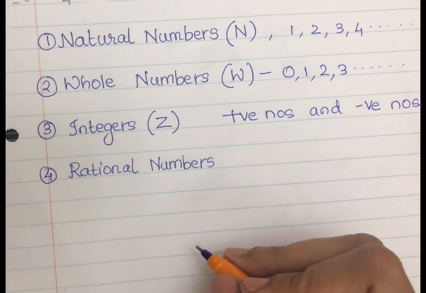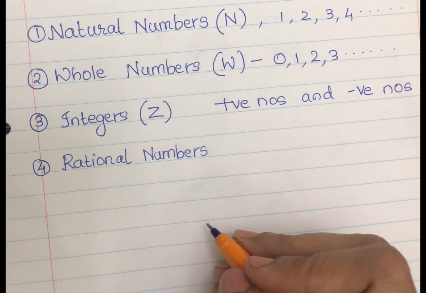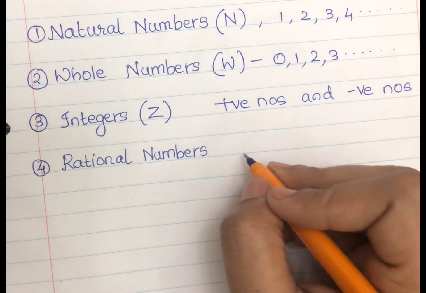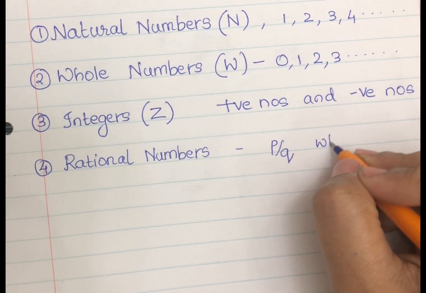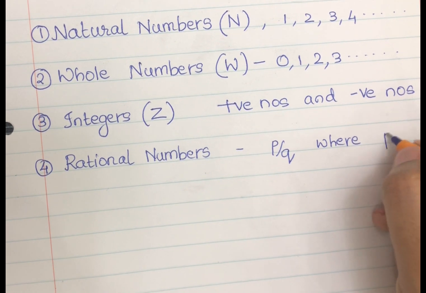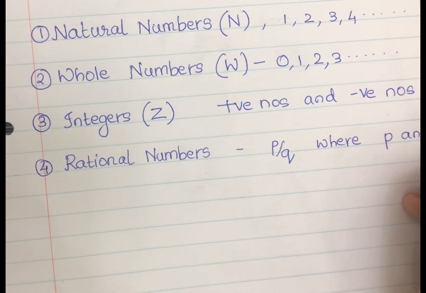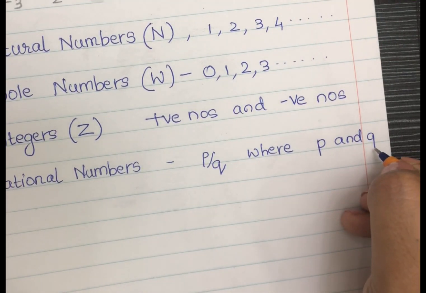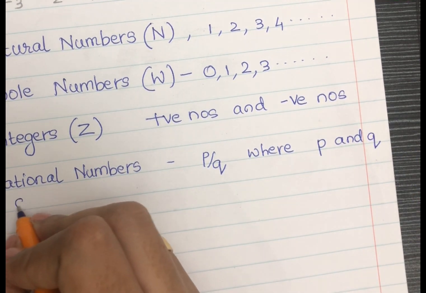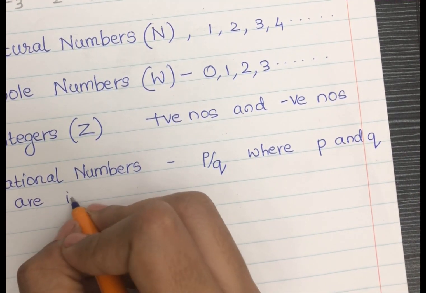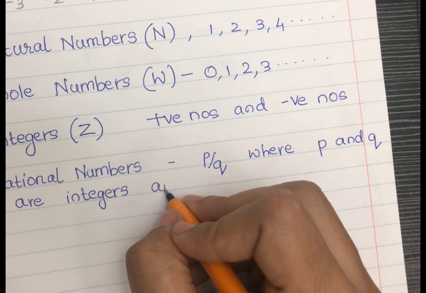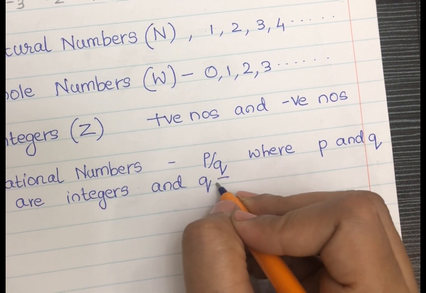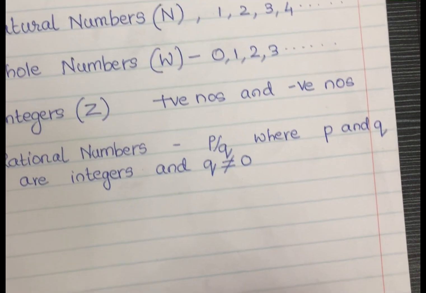And the fourth category is the rational numbers. You all have studied, right? The rational numbers are numbers of the form P by Q, where P and Q are integers and Q not equal to 0.